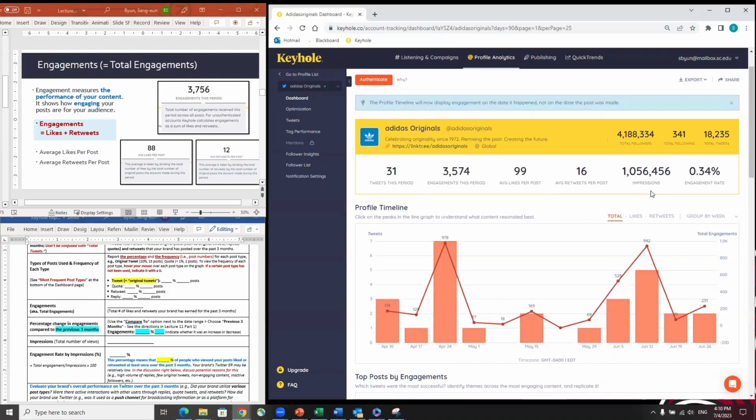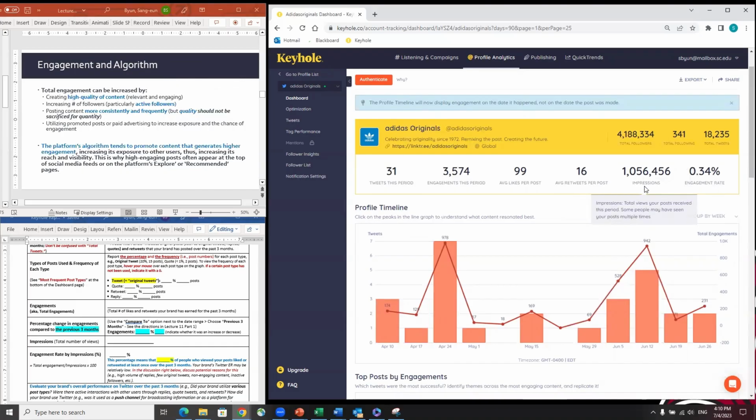And the impression includes repeated exposure. Some posts can have multiple exposure. Some users may see the same post multiple times. This happens when there is active engagement of certain popular posts, or whenever there is a repost or re-engagement, impressions will get bigger and bigger, and it gives you a better chance to increase engagement.